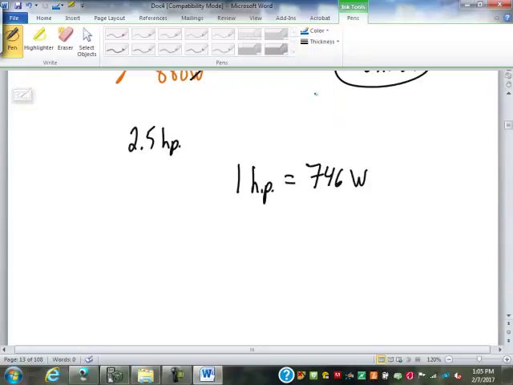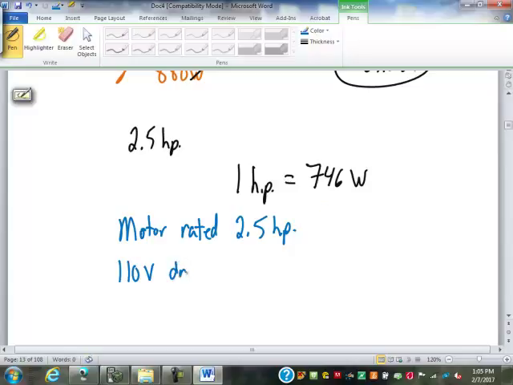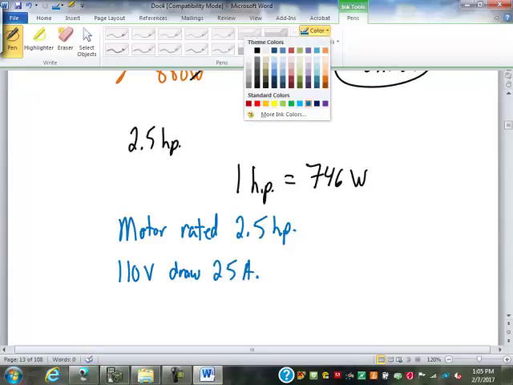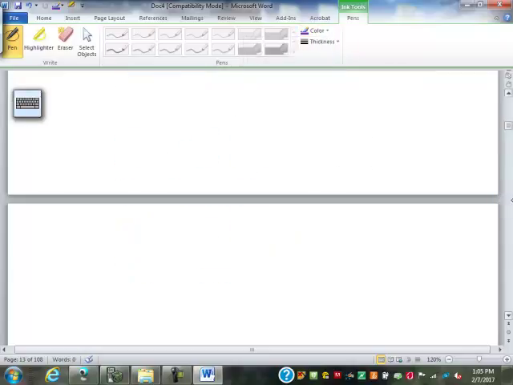So if we have a motor that is rated 2.5 horsepower, on a 110 volt circuit, it is drawing 25 amps. How do we find its efficiency?